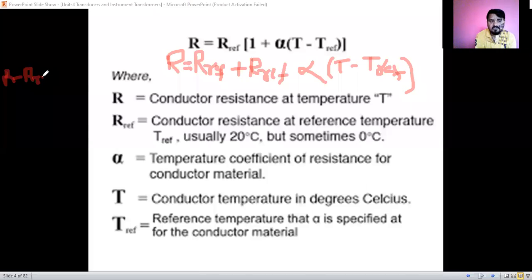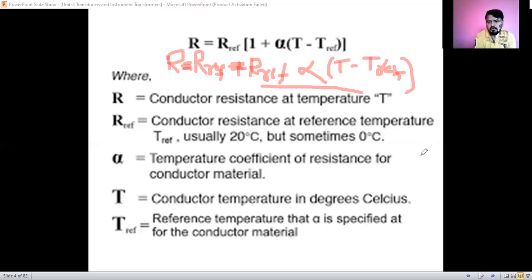Equal to, here already R reference is there. Again you take R reference and alpha, this term complete you write down here now. So from this one it will become R minus R reference equal to this. Now you write alpha equal to what?